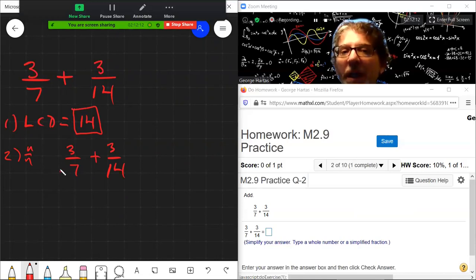What number times 7 is 14, and that's 2. Then you do your numerator, the same thing. All right, so let's multiply this out. We have 2 times 3, 6 over 14, plus 3 over 14.